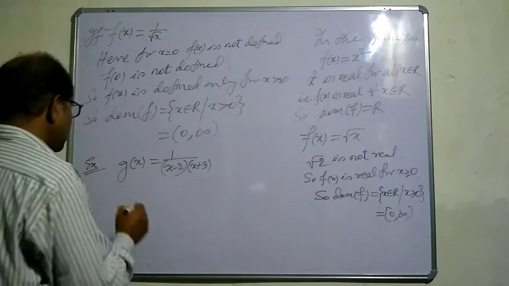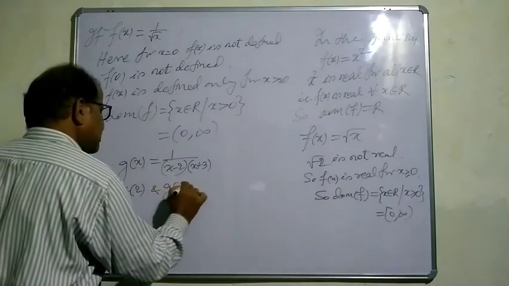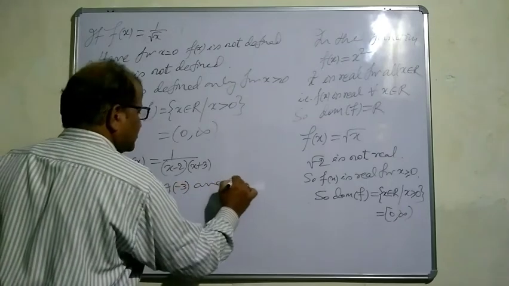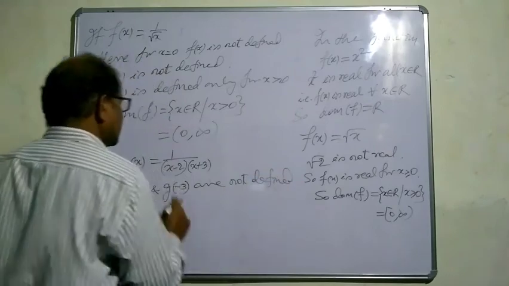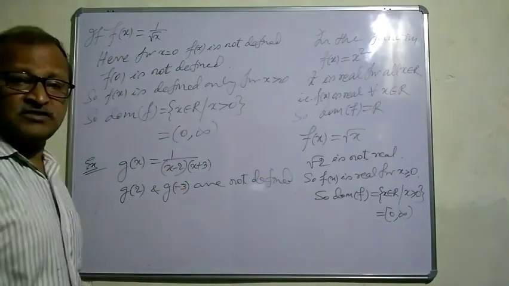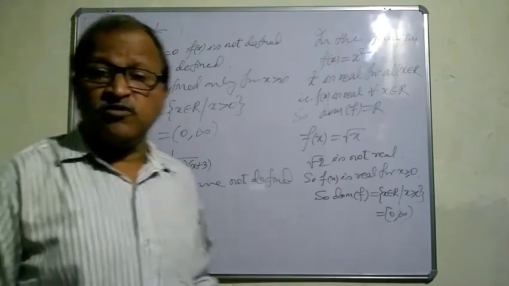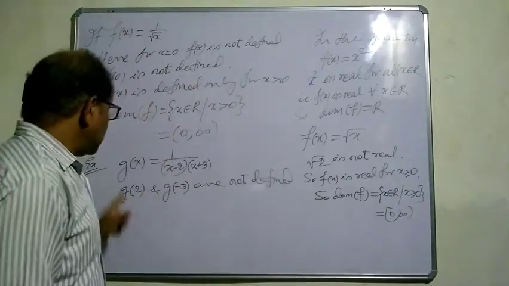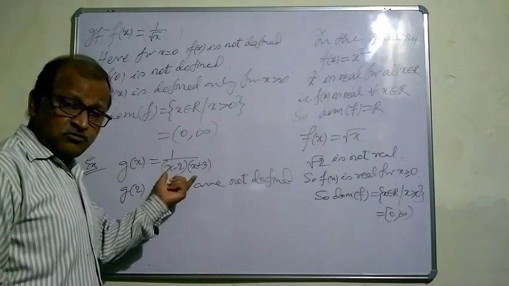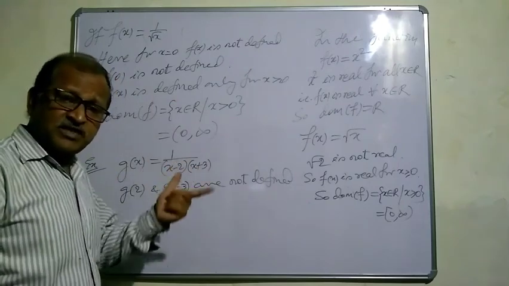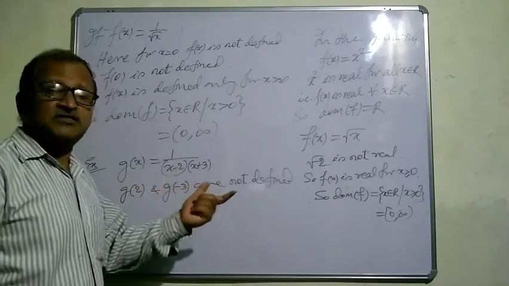But you see, g of 2 and g of minus 3 are not defined. At these two points, your function has no value. So the function is not defined there, because the denominator is 0. Denominator 0 means it is meaningless, it is indeterminate.